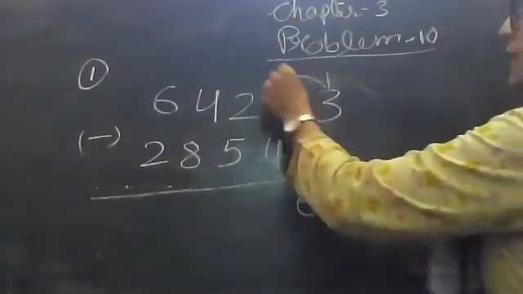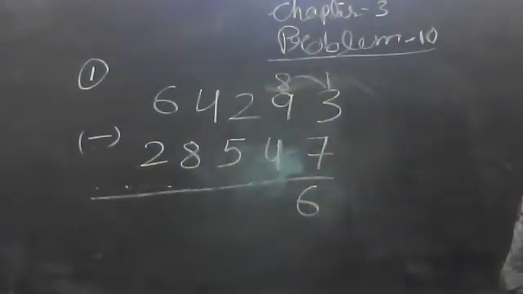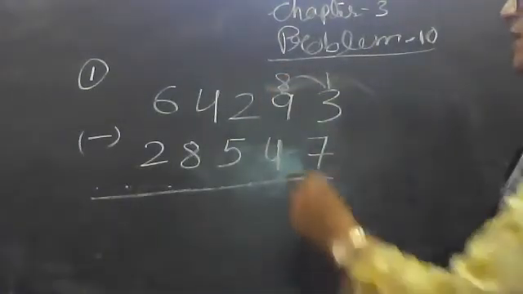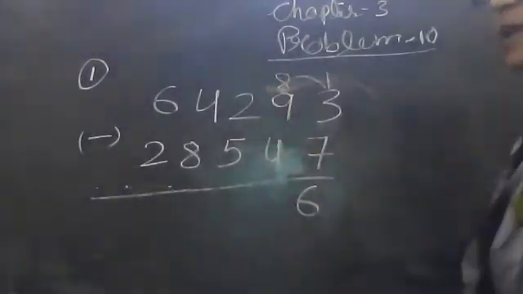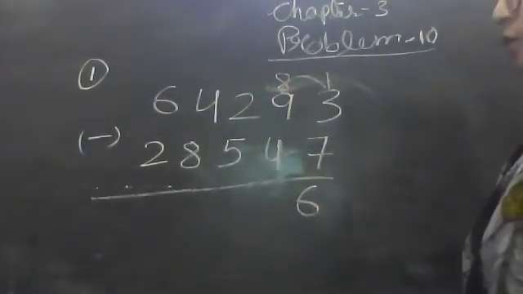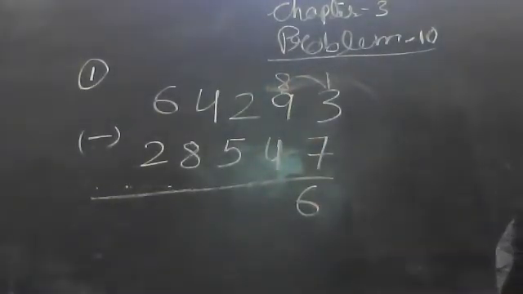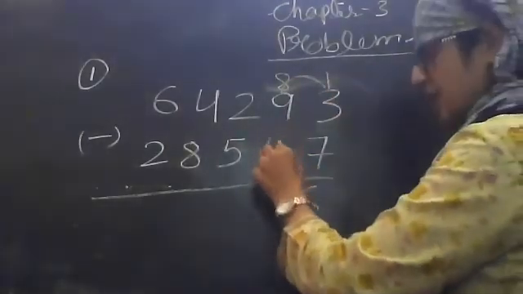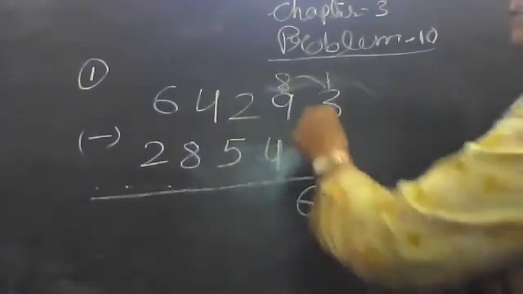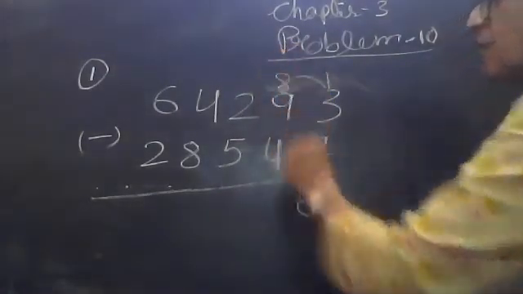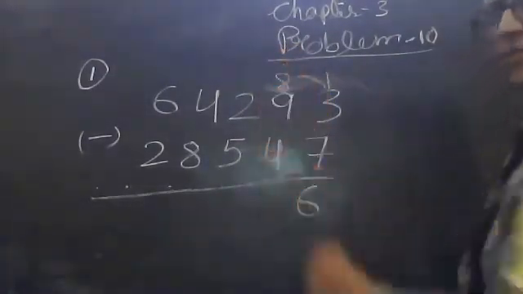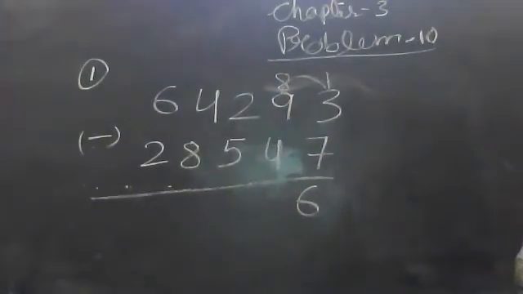Okay, now here 8. Always when subtracting, you have to see whether it is possible to subtract, and always remember one more thing, that the number from which you are subtracting should be the big one and the one you subtract should be the small one.